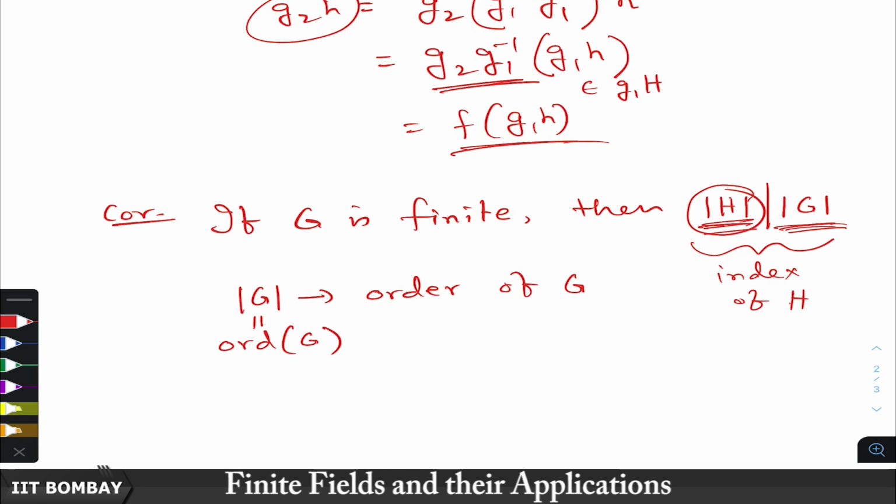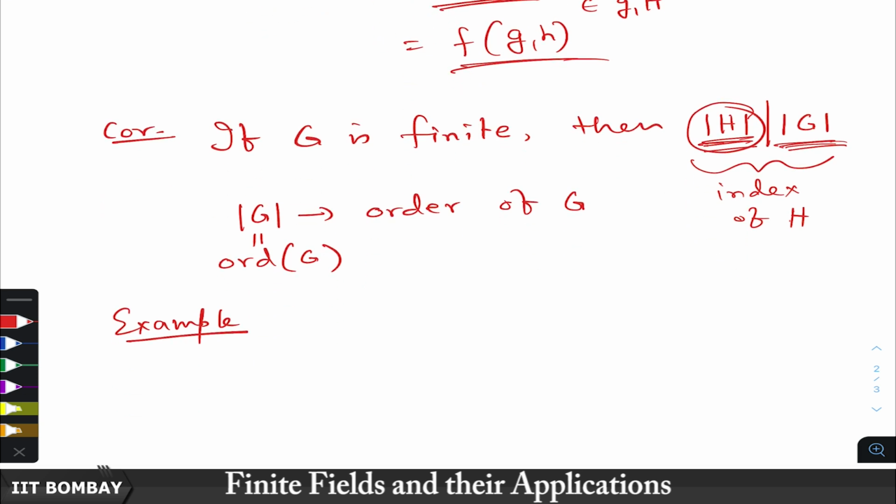So, for example, if you take the group Z18, like Zn, right, it is the set of numbers between 0 and 17, and the operation is addition modulo 18, that is the operation under which this is a group.